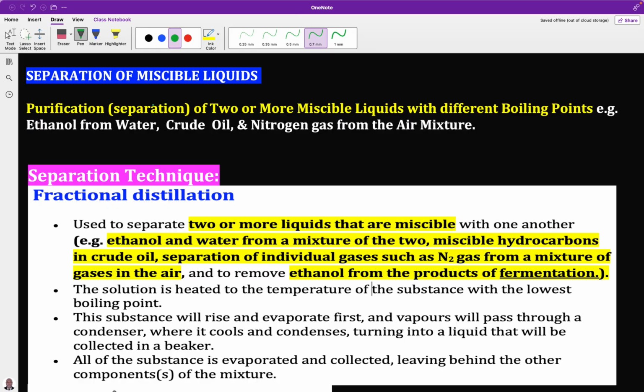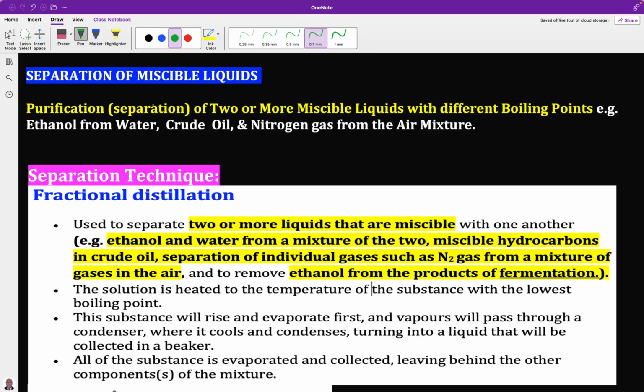Another one is separating the different hydrocarbons in crude oil. Another one is separation of nitrogen gas from an air mixture through the fractional distillation of liquefied gas. So in this case, how would you separate 2 or more miscible liquids with different boiling points?